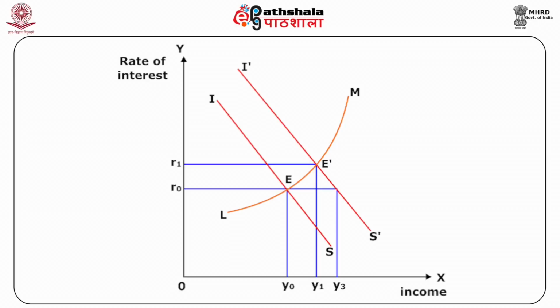So, what we see is that fiscal policy is actually an expensive policy, because although there is expansion, the expansion is not really full expansion in the economy, and second, the rate of interest has gone up. So, it is a costly policy, and it has implications.